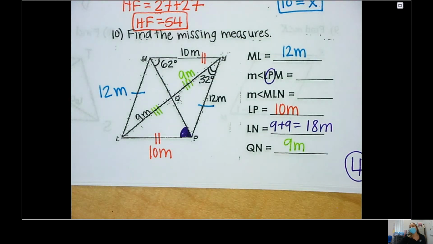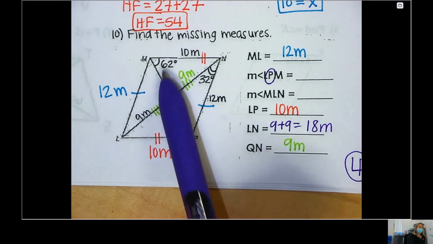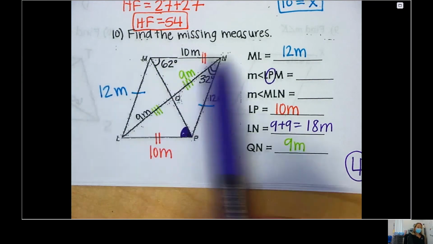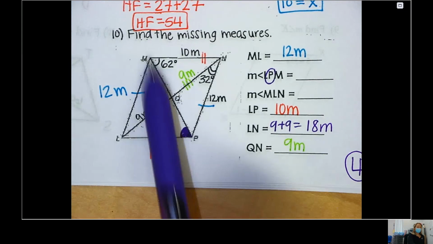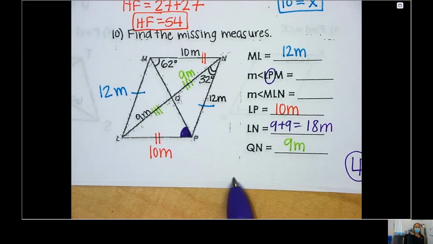Now, I'm hoping that you notice something in this picture. If you had to make a guess, which one does it look like it would be the same as? Yeah, this one right over here, 62. Now, if you remember, these are parallel lines cut by a transversal. Do you remember when we talked about that? Parallel lines cut by a transversal.